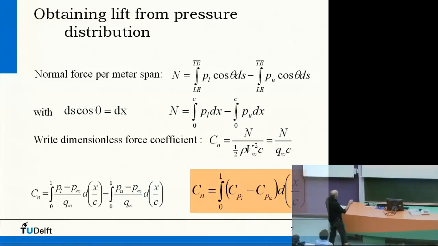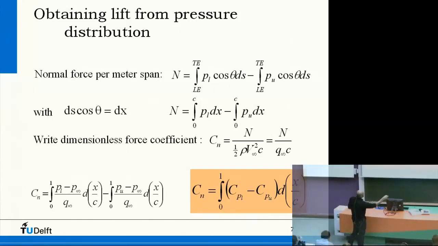So if we look at the normal force per meter span here, then we have to integrate all these pieces ds, from the leading edge to the trailing edge, on the upper surface and on the lower surface, and subtract the two. So p lower cosine theta ds minus p upper cosine theta ds. And here you see cosine theta ds, which is dx.